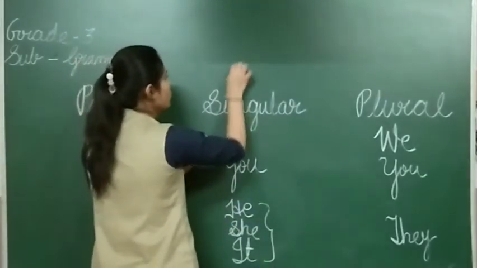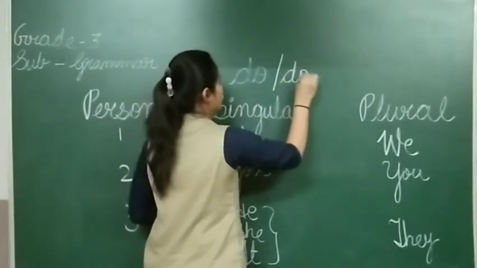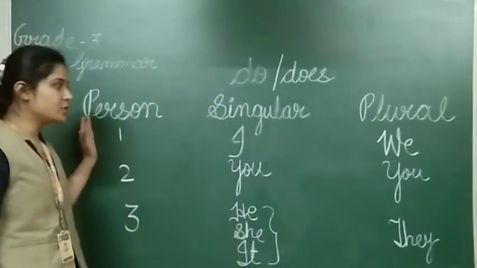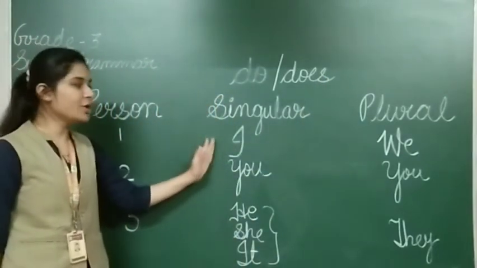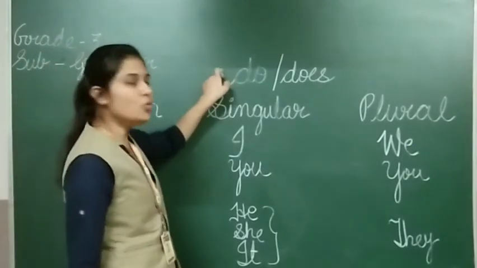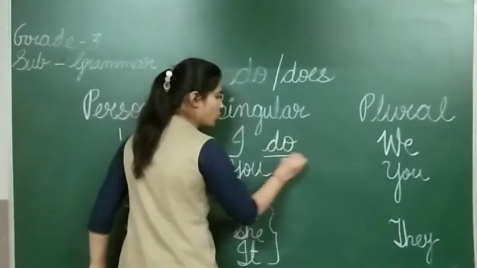When we have to use do or does. Okay, so when we have first person singular, I, we have to use do with I. Okay.